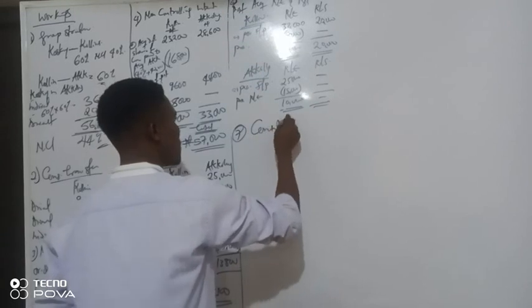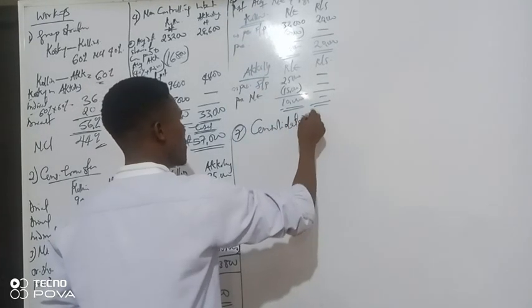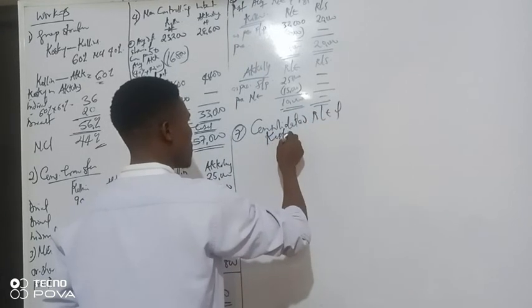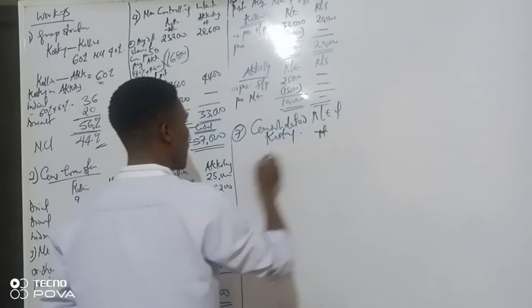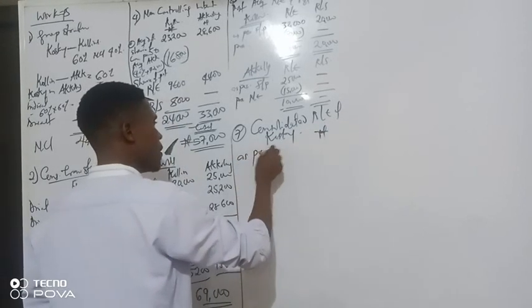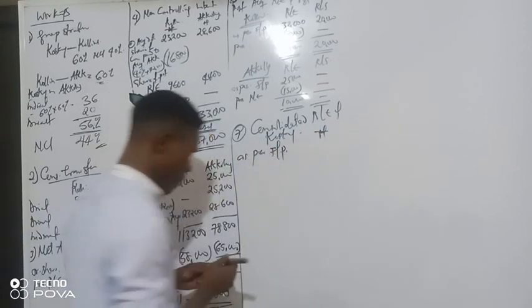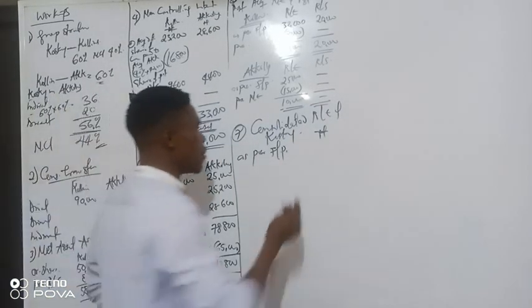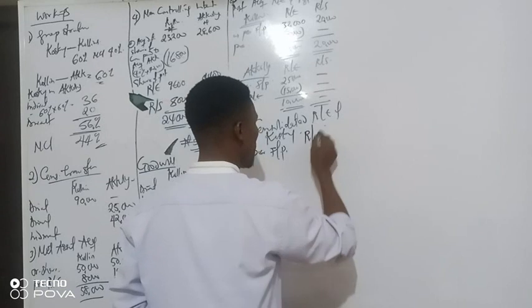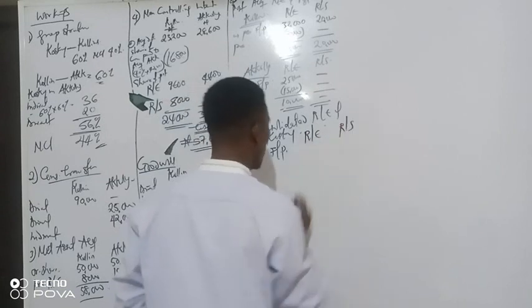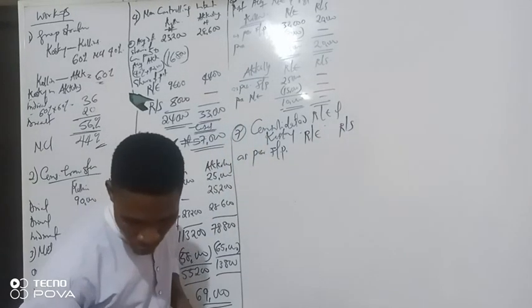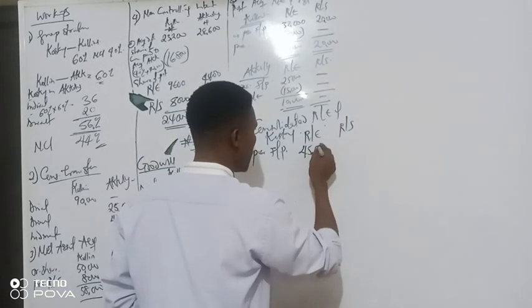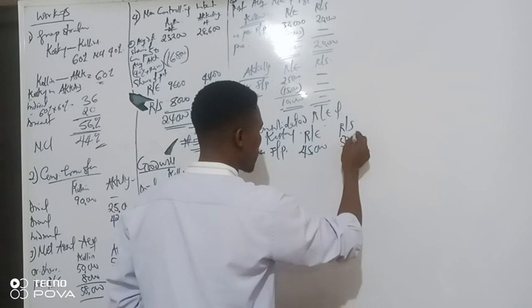As per the financial position, how much for your parent? You only need retained earnings and revaluation surplus: 45,000 and 50,000.